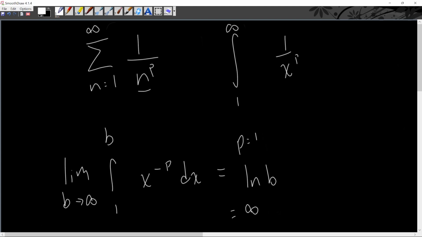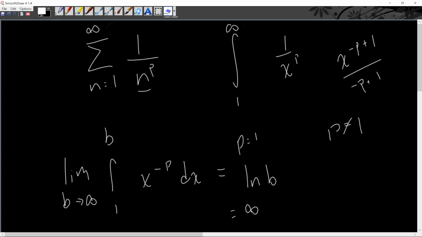Or if p does not equal 1, well, let's think. We have x to the 1 minus p over, well, let's actually write out what we're thinking. We have x to the negative p plus 1, right? Within our integration rules, you have x to the n plus 1 over n plus 1, and if n is negative p, you have negative p plus 1.